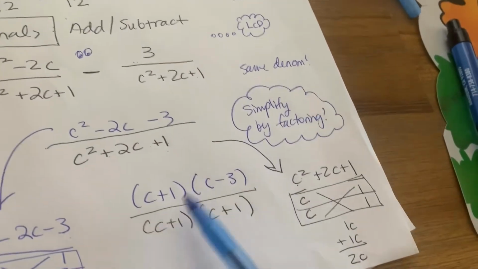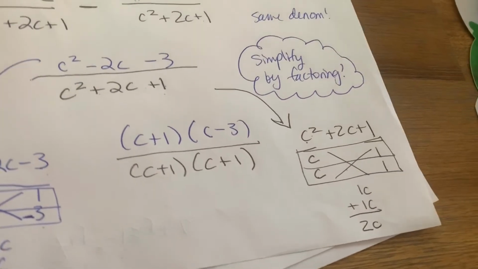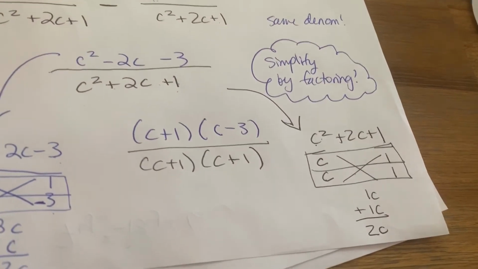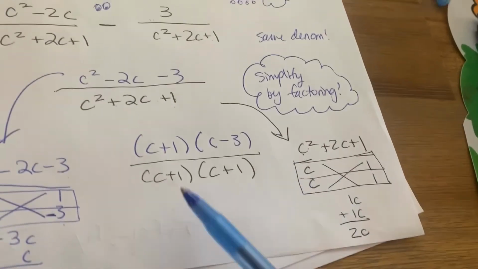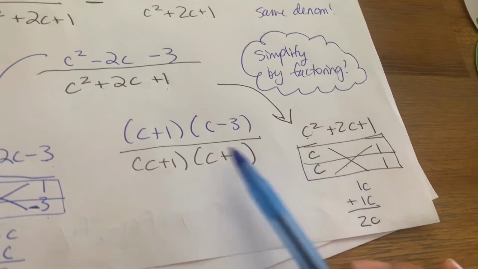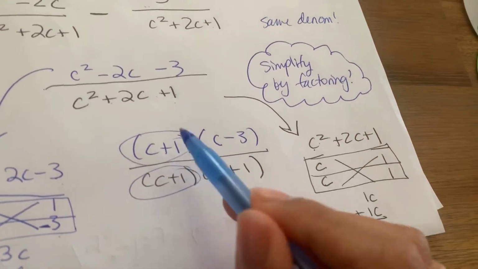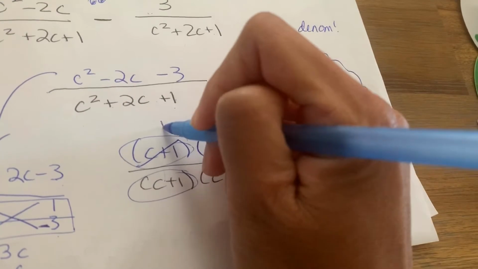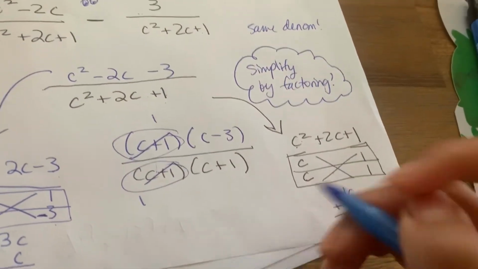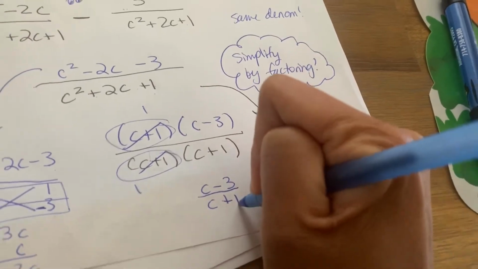These are all factors. Now, if I want to simplify my answer, I cancel out any common factors. What do you see that are the same? C plus 1 and c plus 1. If I divide them by each other, I just get a 1 and a 1. So my final answer is c minus 3 over c plus 1.